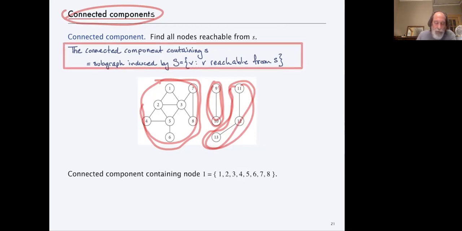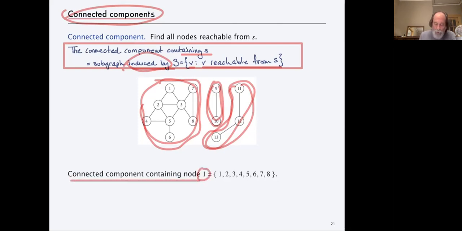So the connected component containing S, for some vertex S, is a subgraph induced by the following set: the set V which is reachable from S, or which has a path from S. So what does induced by mean? It means you take a set of vertices and you include all of the edges on those vertices. So the connected component containing S is constructed as follows. Let's use this as an example.